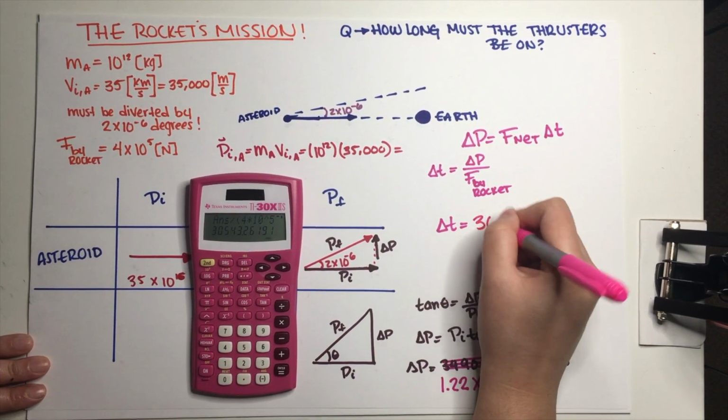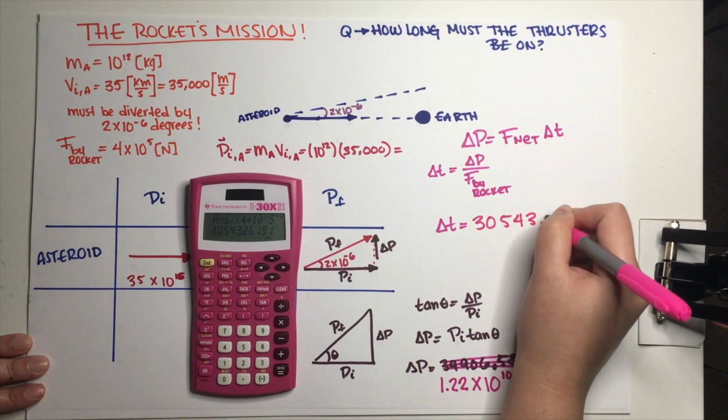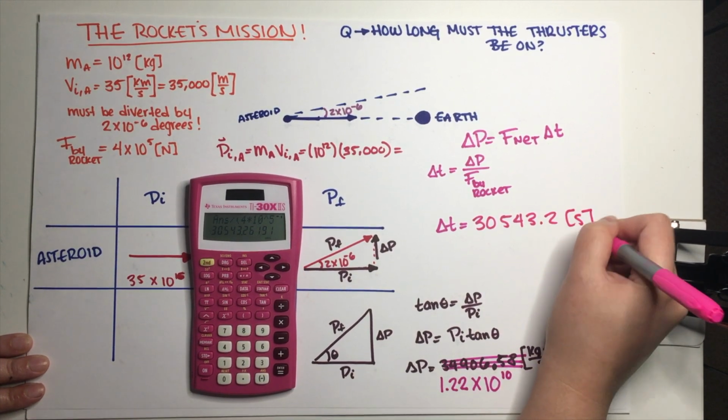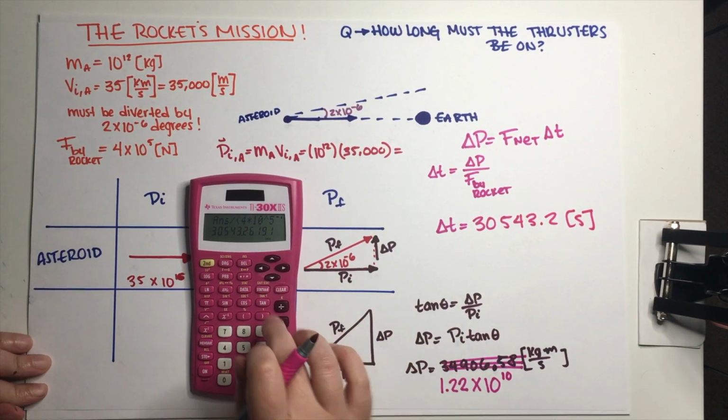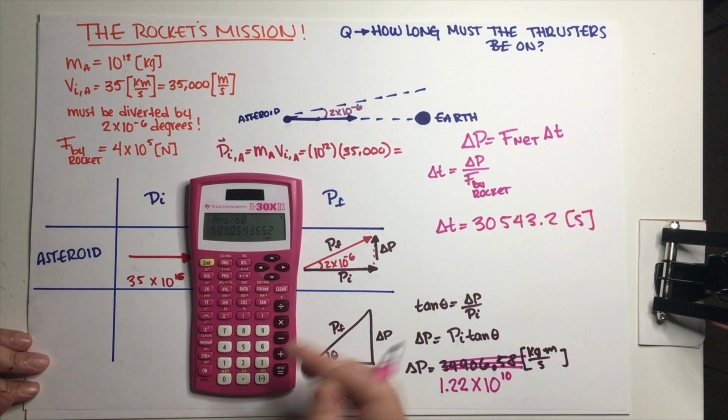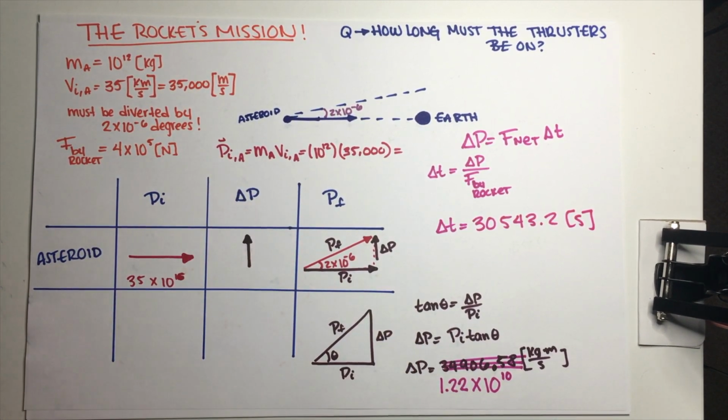So that is 30543.2 seconds. So if we divide it by 60, that is somewhere around 50 minutes. Yeah, there we go. But here's our answer in seconds.